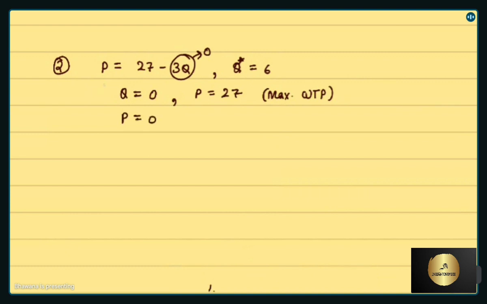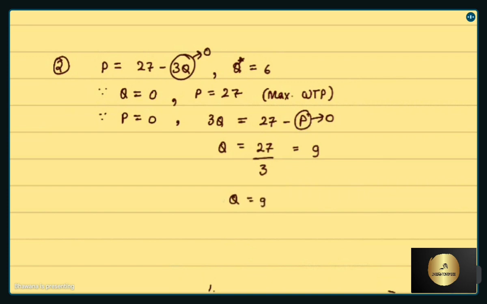Now when you put P equal to 0, you will get 3Q equal to 27. First manipulate this term in terms of Q. Now put P equal to 0. Then Q is equal to 27 by 3, and you will get 9.